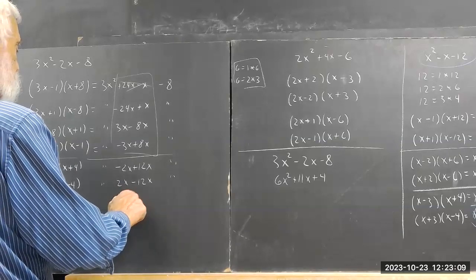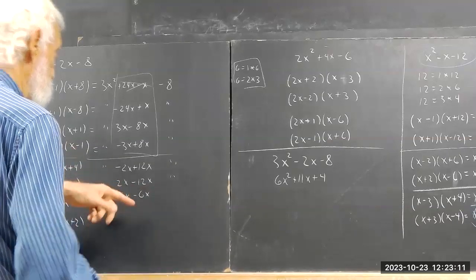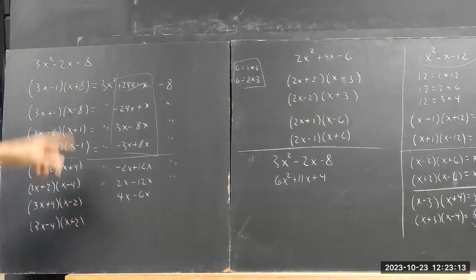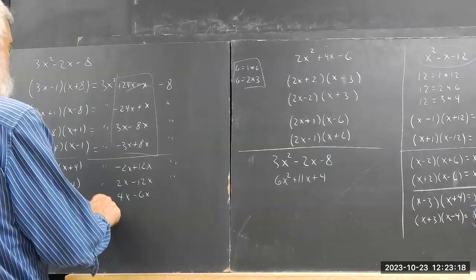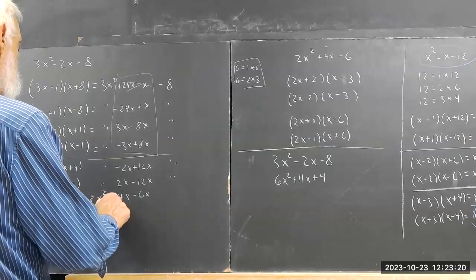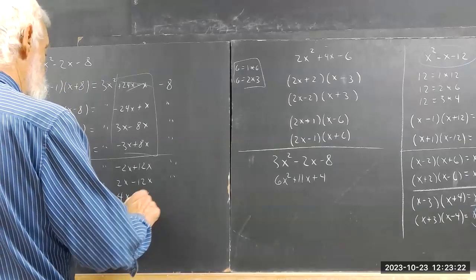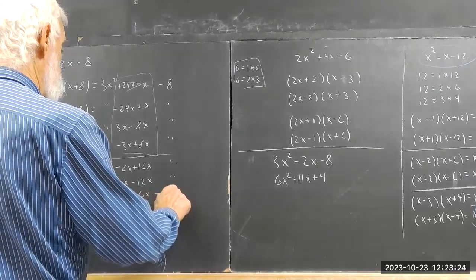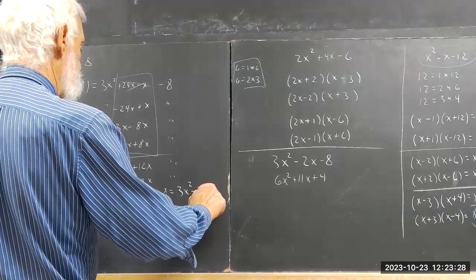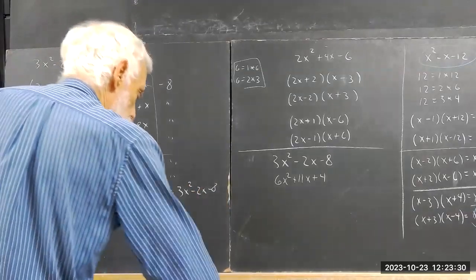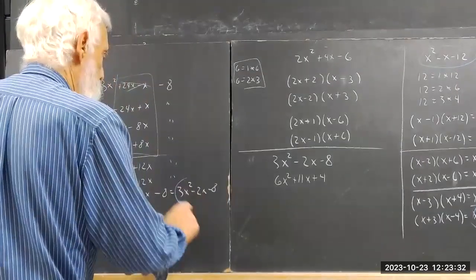Wait a minute. 4 minus 6 is negative 2. That's going to match. So this one is 3x squared plus 4x minus 6x minus 8, which is 3x squared minus 2x minus 8. And there we have a match.